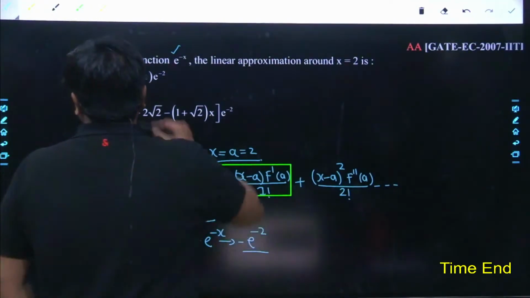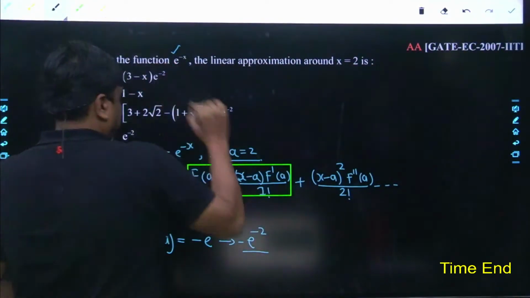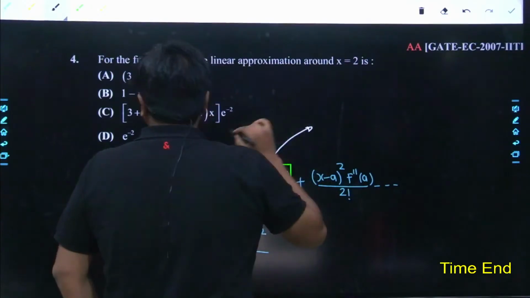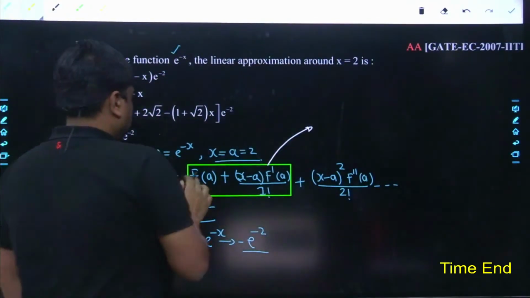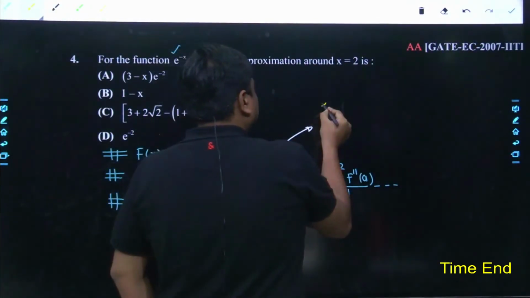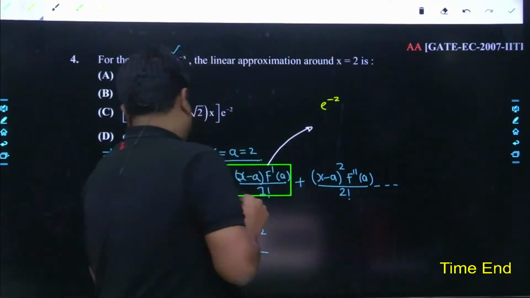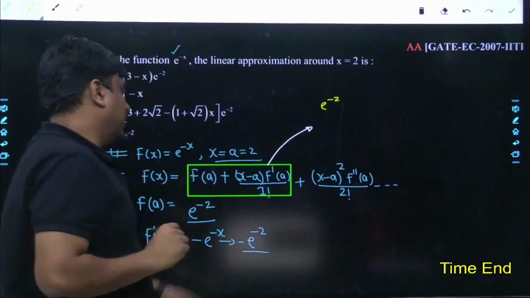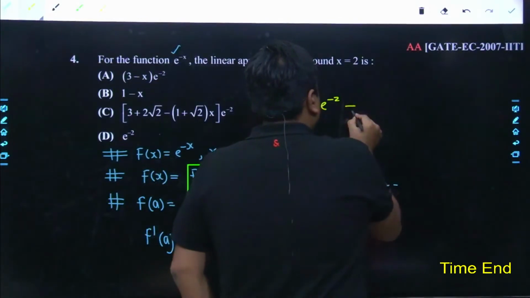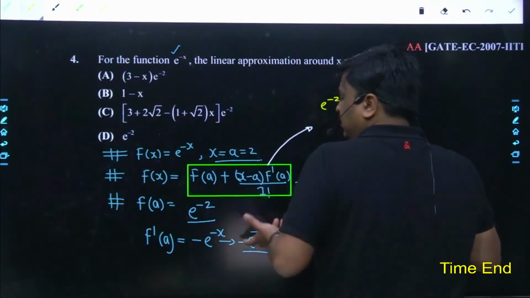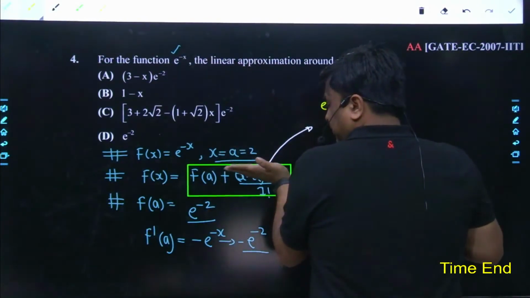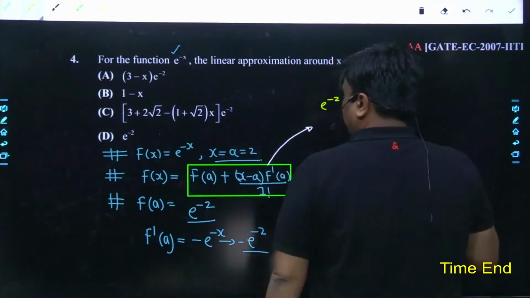So what we have been doing here, let me focus on this point. f of a is already known, and that is e to the power of minus 2. Then comes plus 1 factorial, which can be discarded since it is 1, and dividing any number or function by 1 leaves it the same.